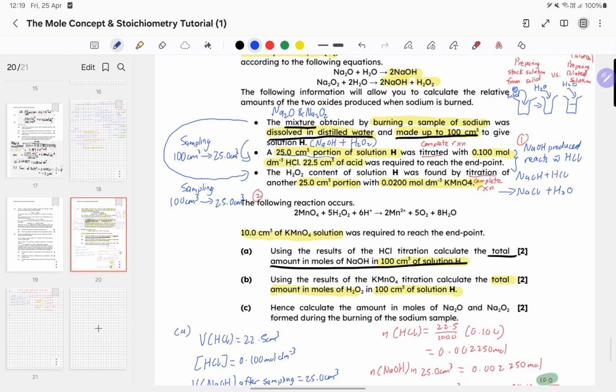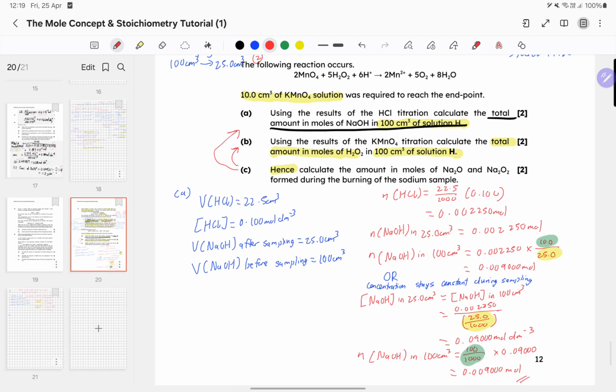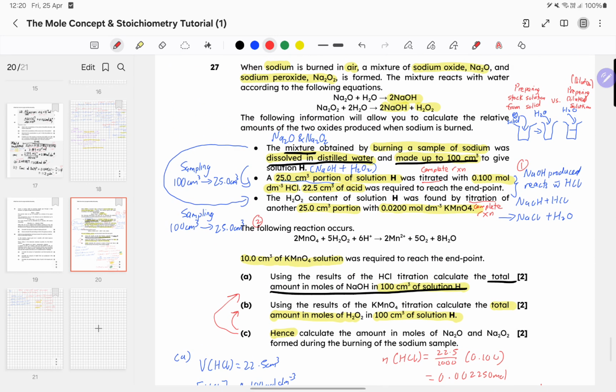Okay, part C now. Calculate the number of moles of Na2O and Na2O2 formed during the burning of the sodium sample. So when you see hence, it probably means you need to use the answers from the previous parts of the question. Right, and how do you link this?